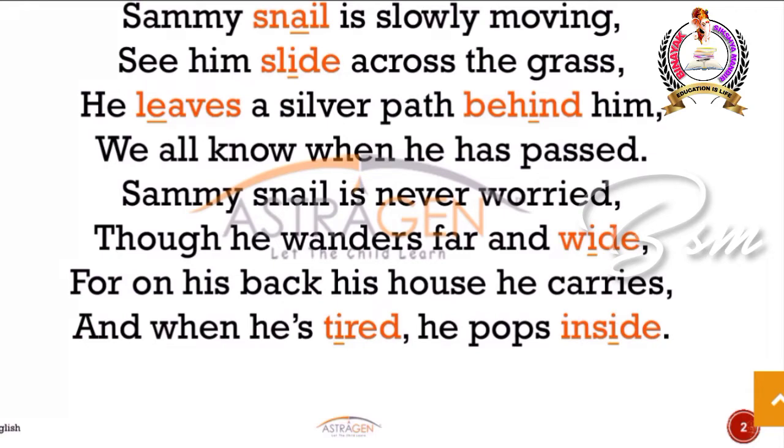The next letter or the vowel is O. The short sound is O and the long sound is O, like in the word open, and the short sound as in the word octopus.